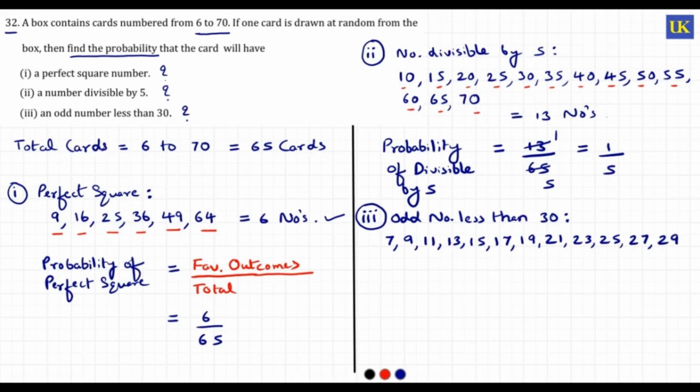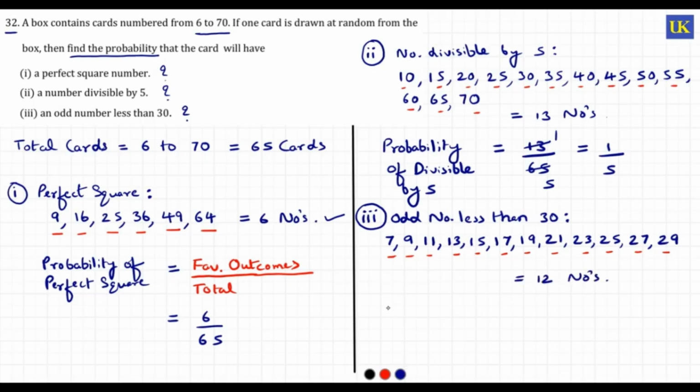So 30 we have to leave. So all these numbers we have. How many such numbers do we have here? 1, 2, 3, 4, 5, 6, 7, 8, 9, 10, 11, 12. So we have 12 numbers.